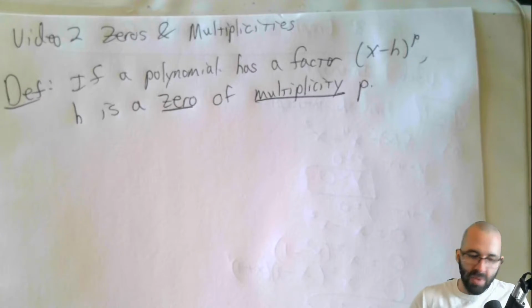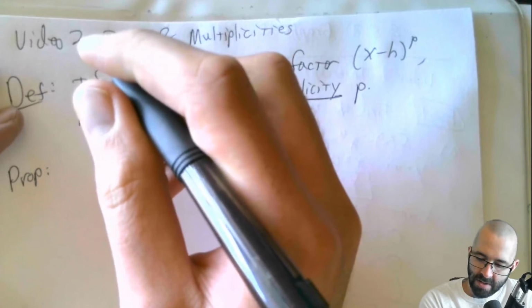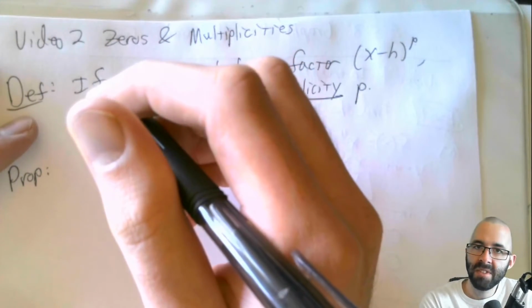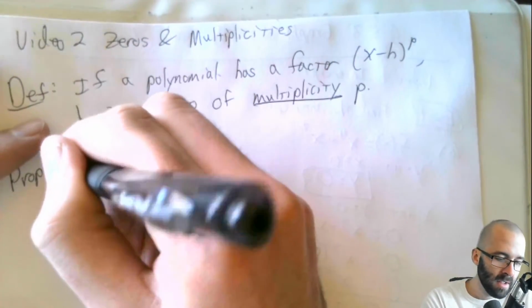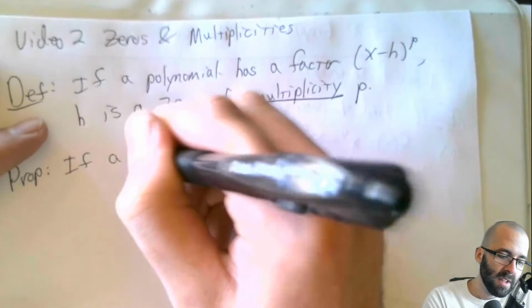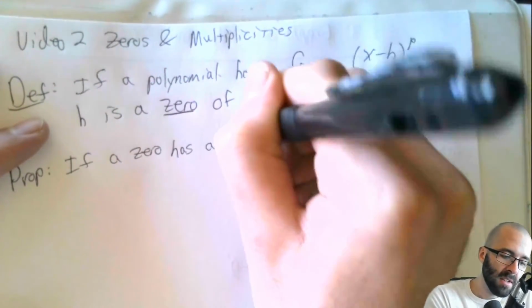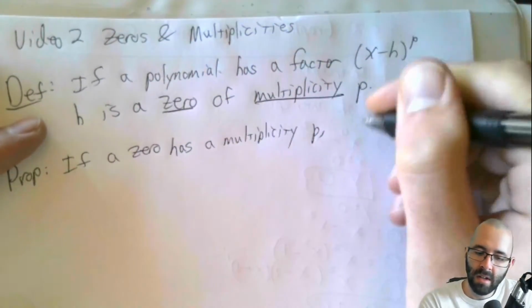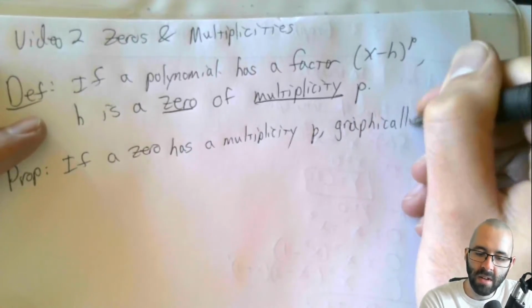So let's get that as a property. Property: the appearance of multiplicities 1, 2, and 3. If a zero has a multiplicity, graphically something's going to happen.